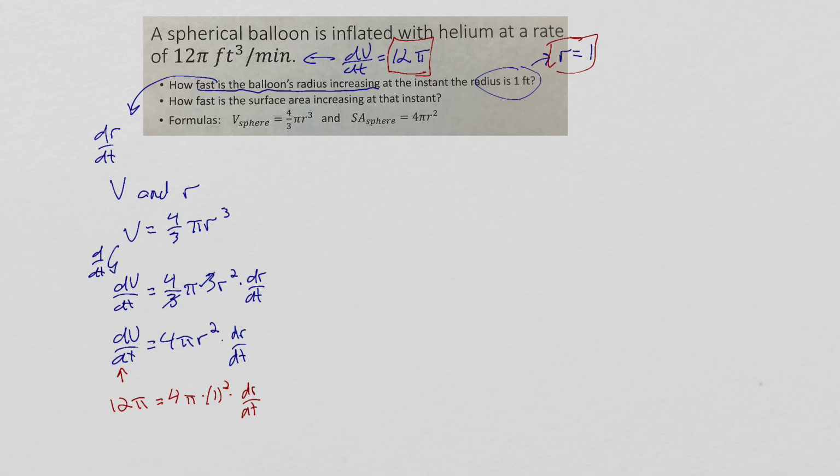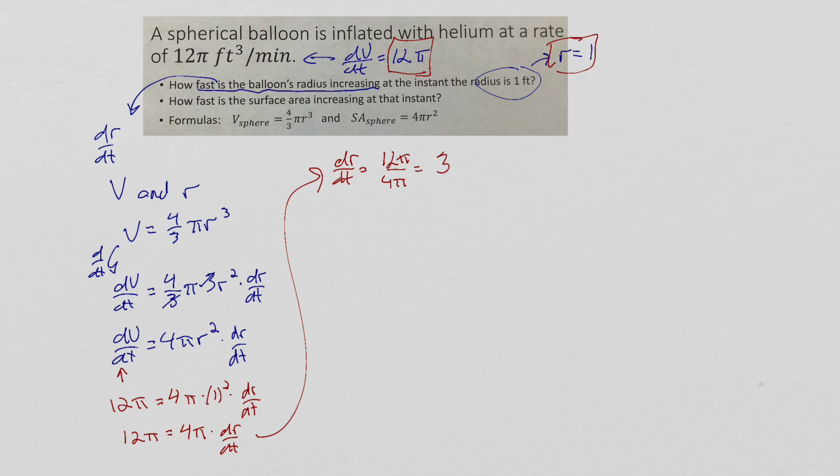Then I simplify and solve for what I'm looking for. 12 pi equals, the 1 squared multiplies away, so 4 pi times dr over dt. Then I divide everything by 4 pi, which gives dr over dt equals 12 pi over 4 pi, so that gives me 3.